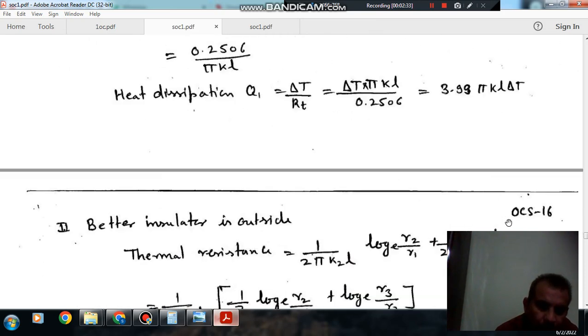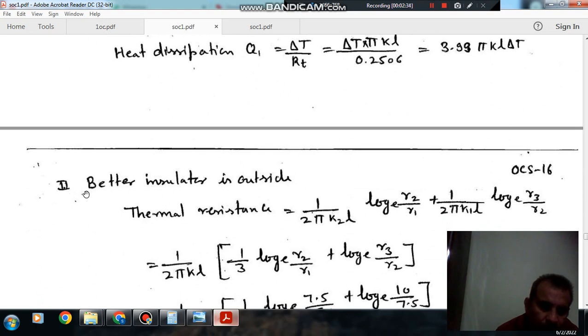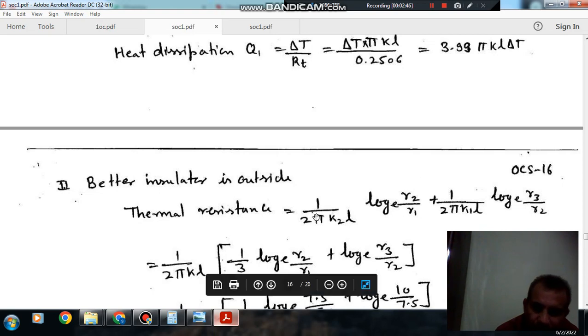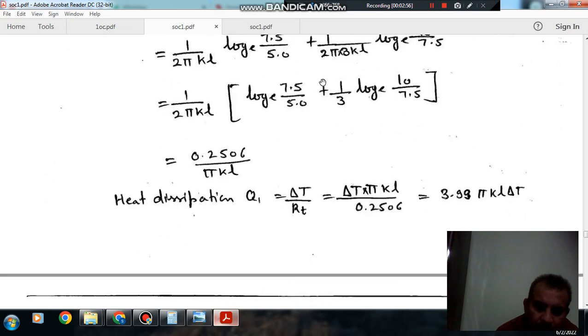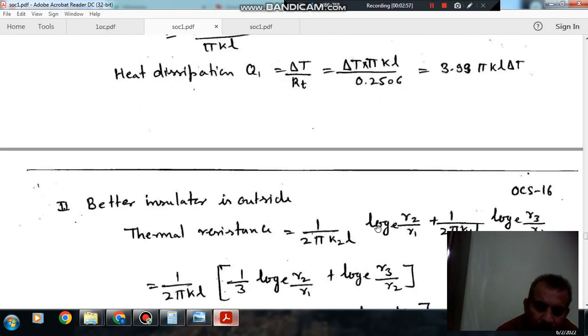Next is when the better insulator is placed outside. Then K2 will come inside and K1 will come outside, so the thermal resistance is 1 by 2 pi K2 L log R2 by R1 plus 1 by 2 pi K1 L log R3 by R2.